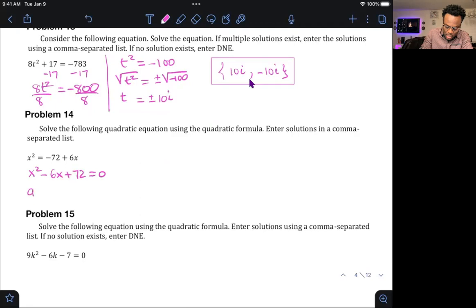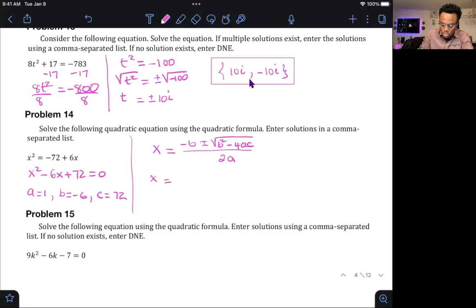So we have a equals 1, b equals negative 6, and c equals 72. The quadratic formula that they say we should use is negative b plus or minus the square root of b squared minus 4ac, over 2a.